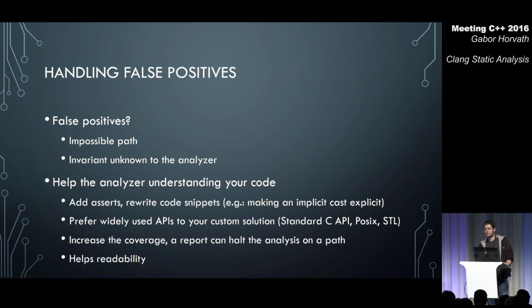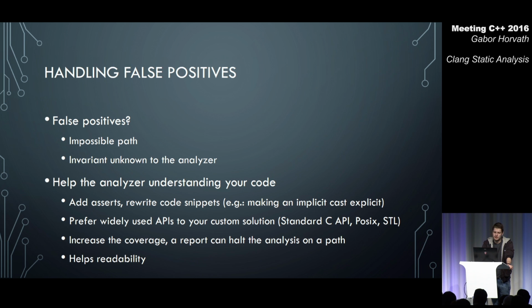Okay, so one of the most important things when we are dealing with static analysis is how do we handle false positives. First, let's think about what can be the reason that we can find false positive reports.